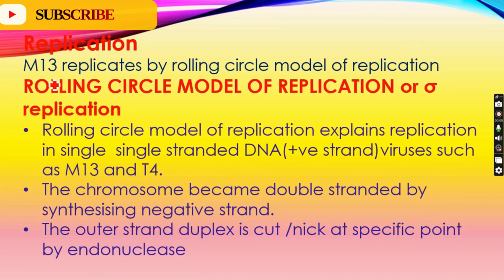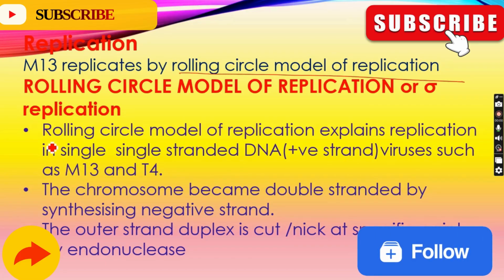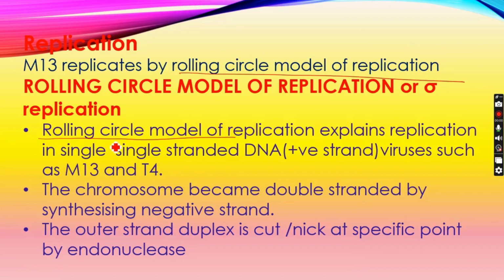So M13 is going to carry out the rolling circle model of replication. For that, we should know what the rolling circle model of replication is. The rolling circle model of replication is going to be carried out in the single stranded DNA in the positive strand, especially in positive strand viruses such as M13 or T4 bacteriophage.